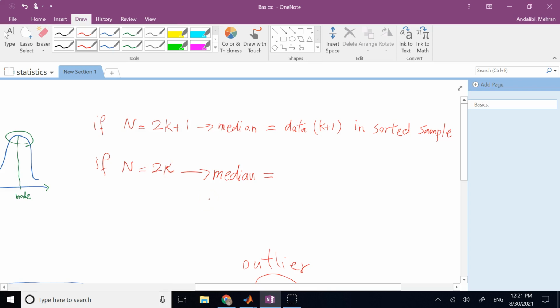Which both have k minus 1 data points on their left and right. So it is going to be data number k plus data number k plus 1, the average of the two in the sorted sample. Okay, so this is how you calculate the median.